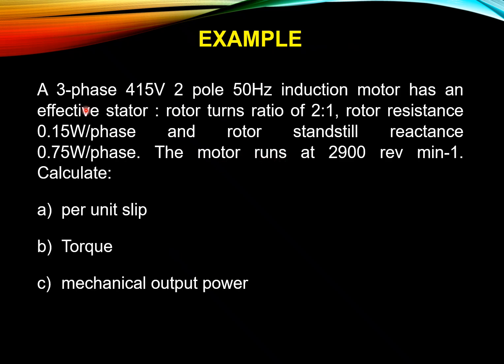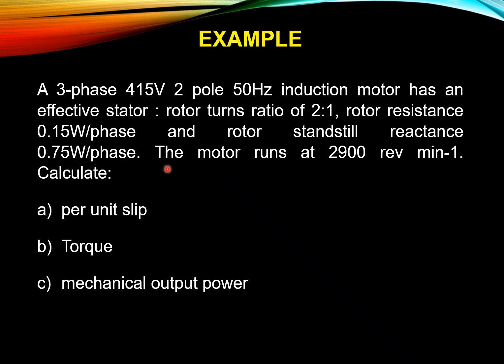A three-phase 415 volt, 2-pole, 50 hertz induction motor has an effective stator to rotor turns ratio of 2.2 to 1. Rotor resistance is 0.15 ohm per phase and rotor standstill reactance is 0.75 ohm per phase.